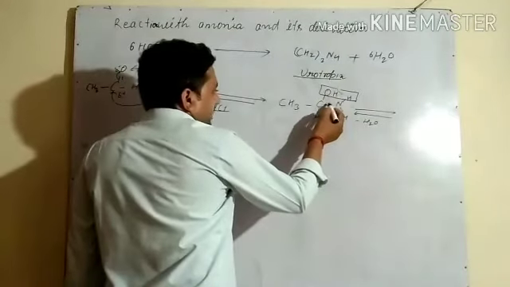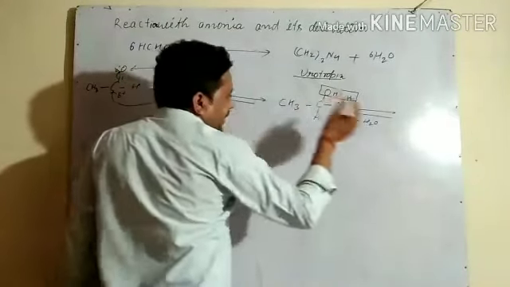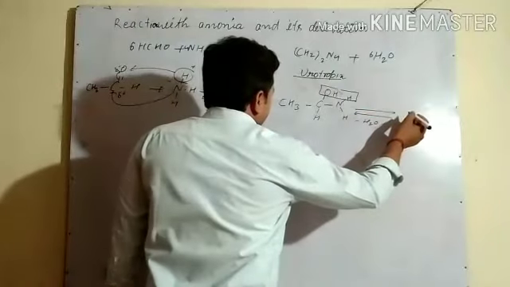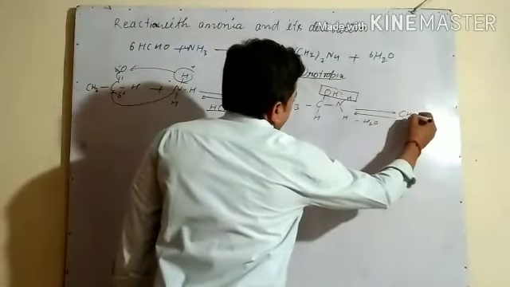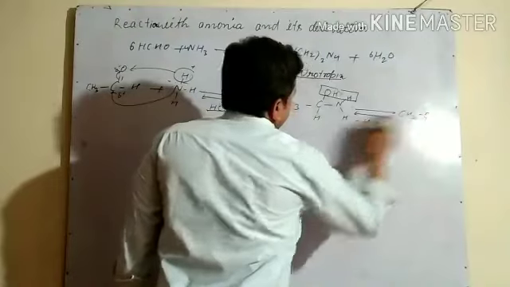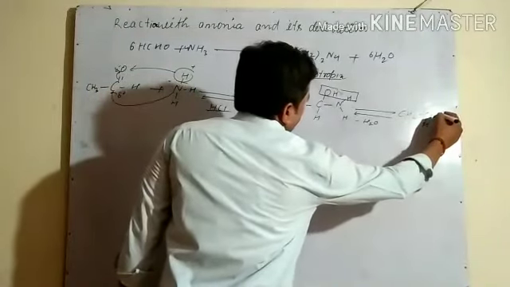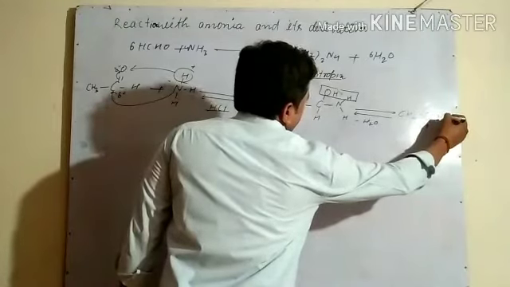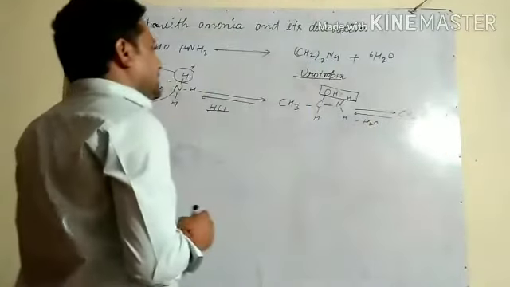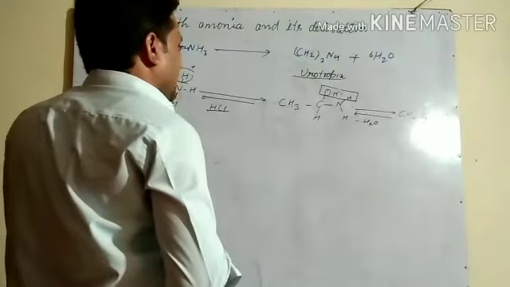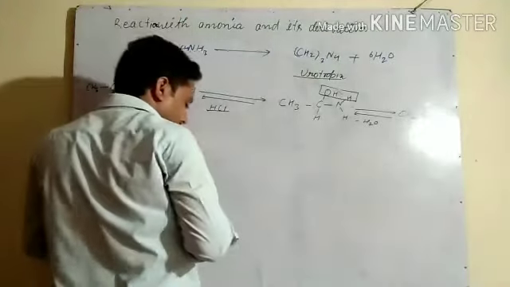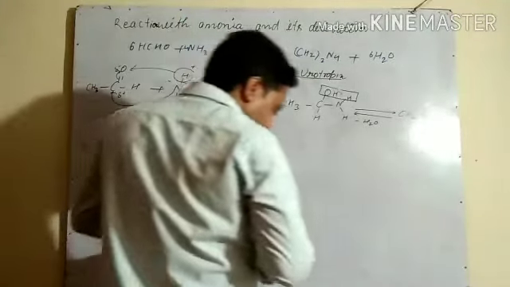So they form a double bond between carbon and nitrogen. So what is this? CH3, CH, NH. NH. This is the product.